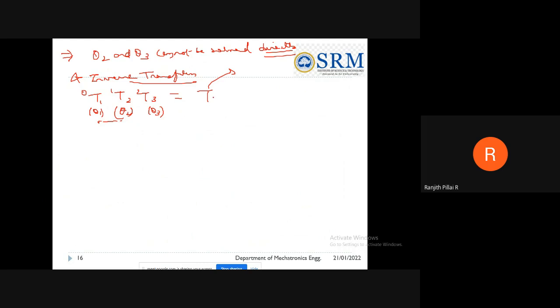Now, as one of your friends asked, why can't I eliminate theta 2? Whenever you do that, ensure that this LHS is always equal to RHS.